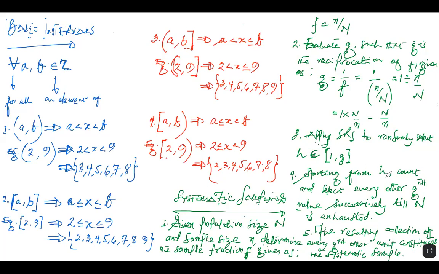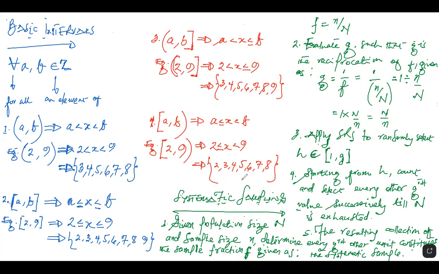Using h as a point of beginning, we now begin to count, and for every gth other value or element, we select or isolate them from the population till we exhaust the population size. When you're done, the resultant selection becomes your final systematic sample.